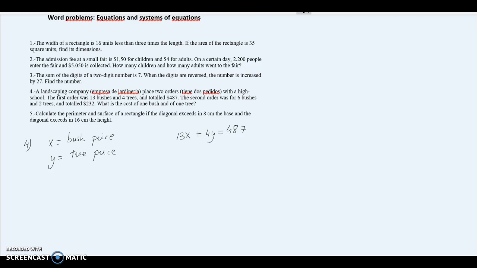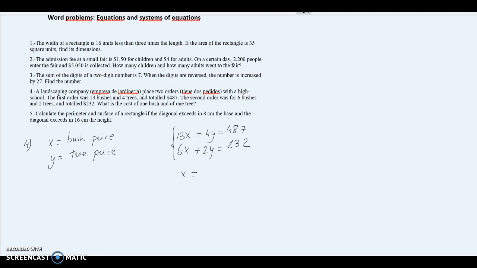Second equation is the second order: 6 bushes times the price plus 2 trees times the price equals 232. Again, 2 linear equations.